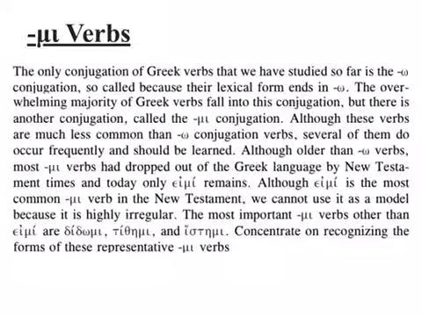So instead of o, eis, ei, we'll learn that it's going to be an ending with the mi. The main words in the New Testament, which I think I agree, would be didomi, tithemi, and histemi, with the breathing mark. Those are some important ones right there.